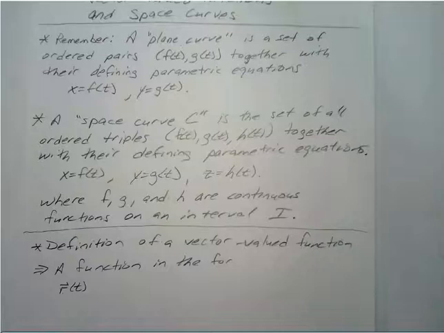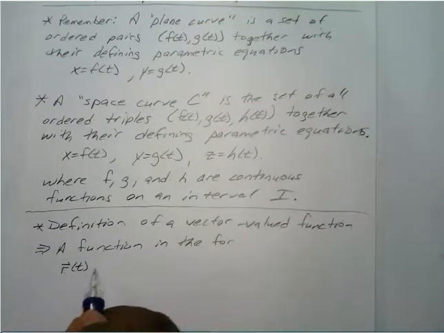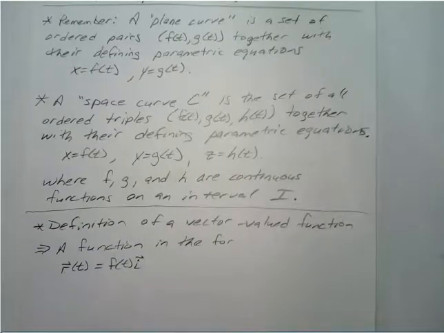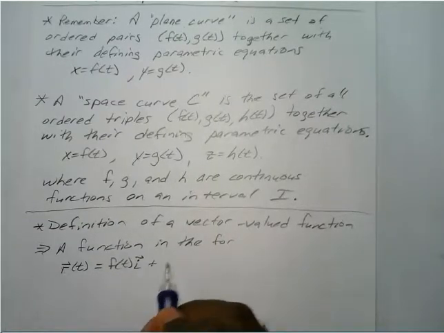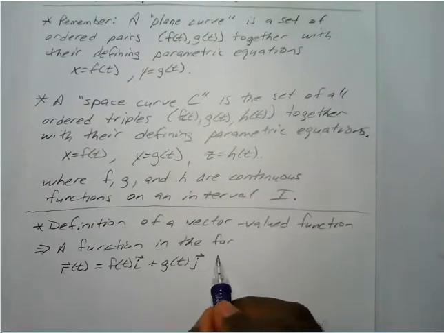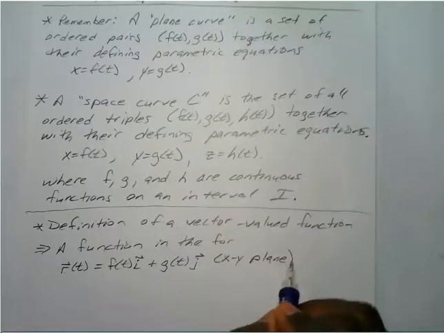R of t is equal to f of t times the i unit vector plus g of t times the j unit vector. And again, that's the xy plane, or two dimensions.